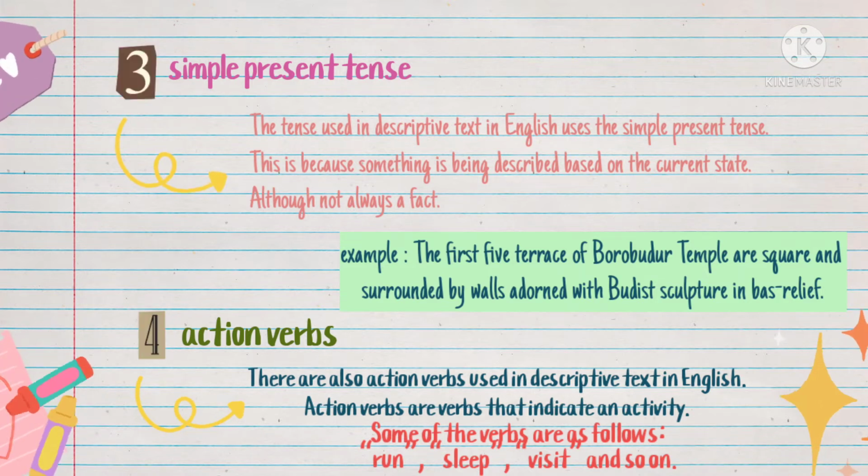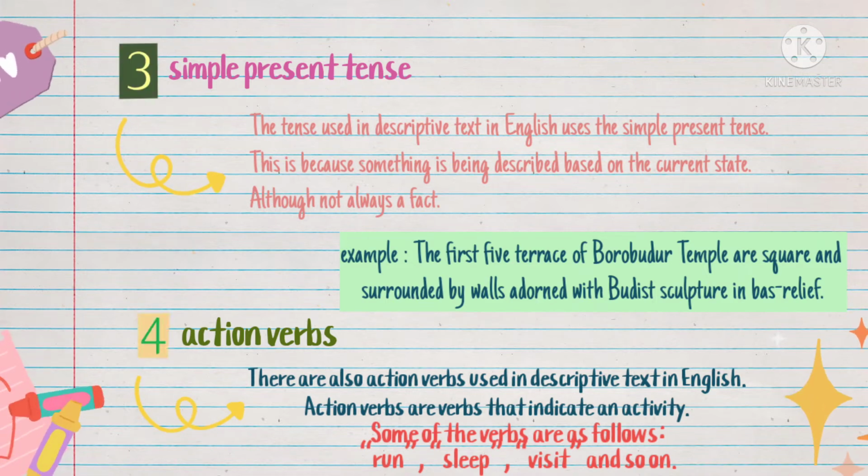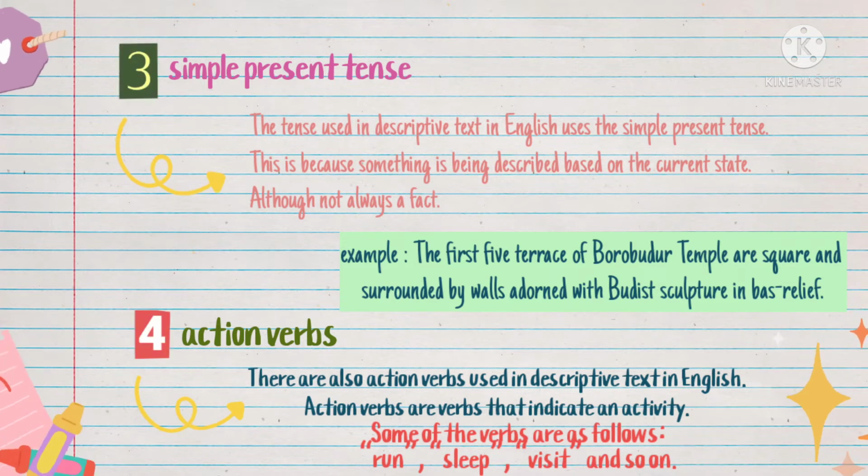There are also action verbs used in descriptive text in English. Action verbs are verbs that indicate an activity. Some of the verbs are as follows: run, sleep, visit, and so on. Okay? Do you understand?